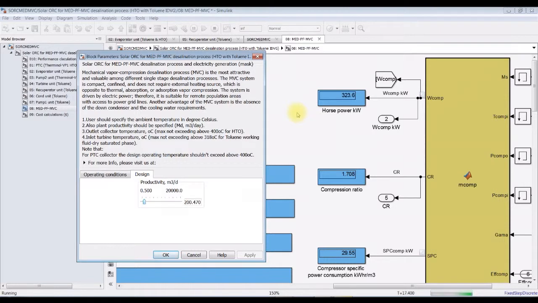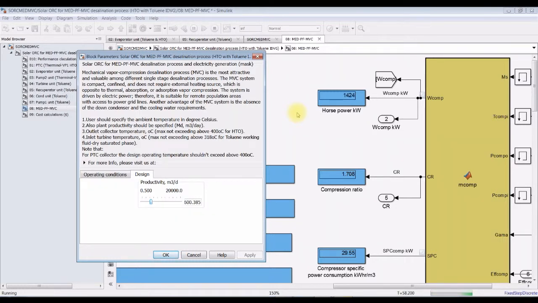Okay, increasing the productivity sure will increase the power. As you can see here, changing the productivity will change everything. Up to, suppose, 1 megawatt. Sure, this value is going to increase everything because it has a massive effect on the flow rate through the cycle itself.